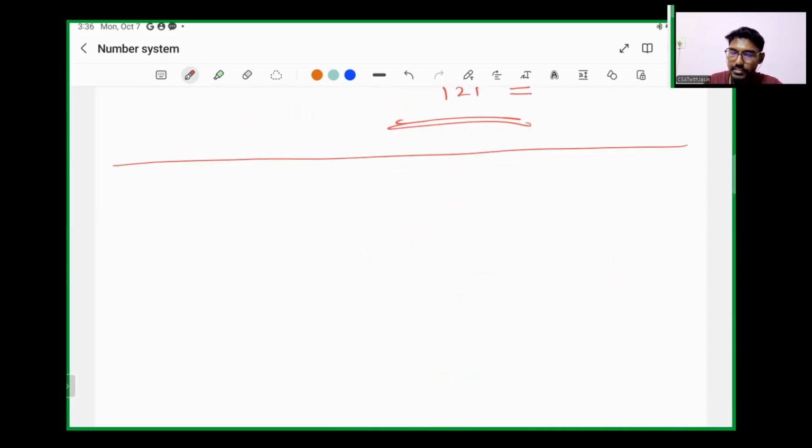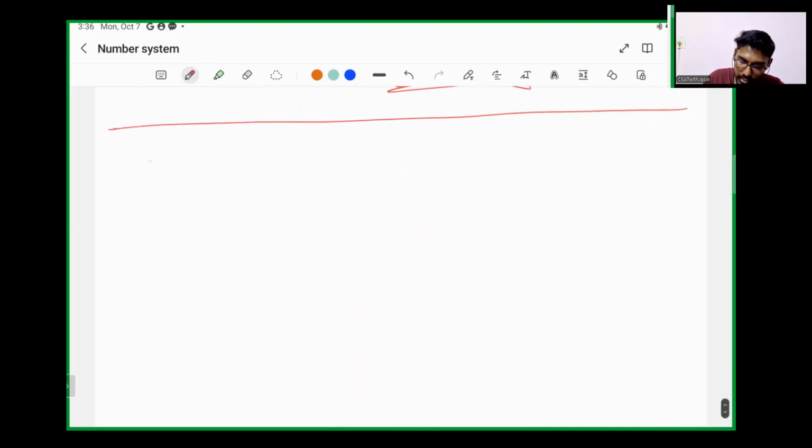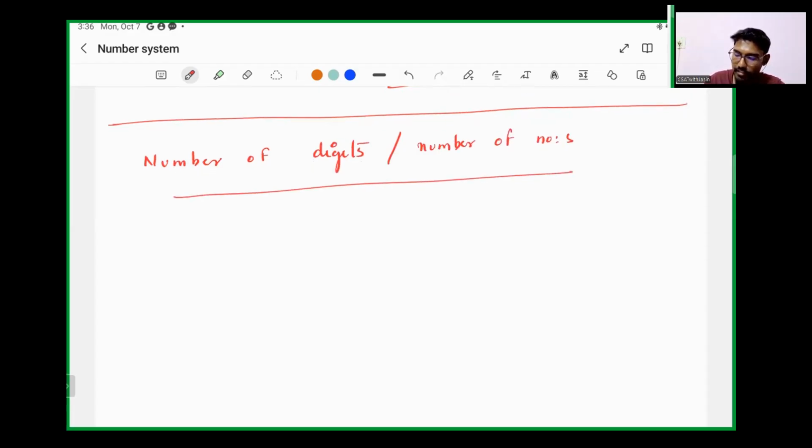Now, again, this is a continuation of the digits. So we need to find out the number of digits, or number of numbers. I'll tell you what I have meant by this.